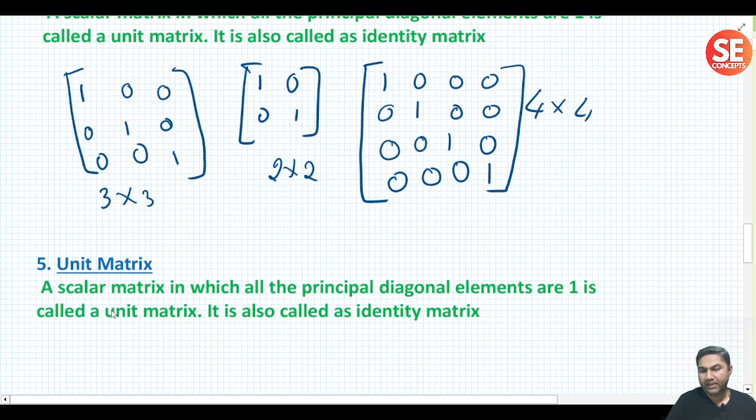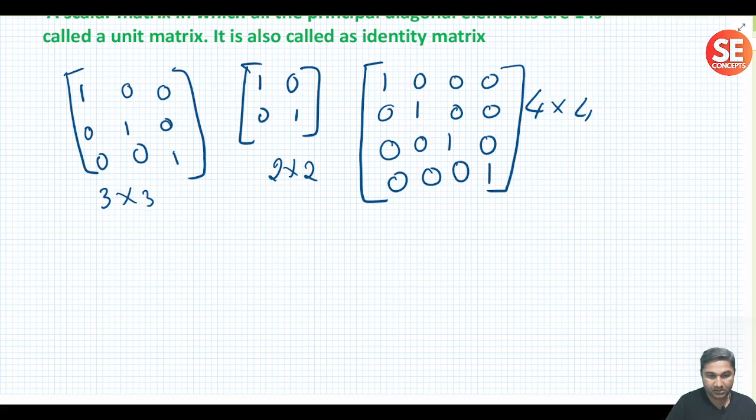A scalar matrix in which all the principal diagonal elements are 1 is called a unit matrix. I made a mistake there, sorry for that. There is something called an identity matrix.